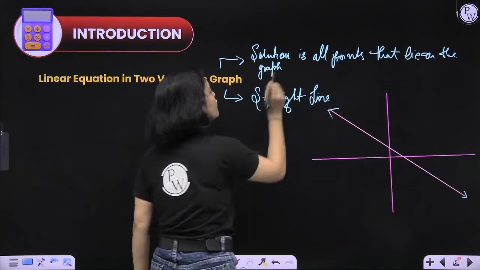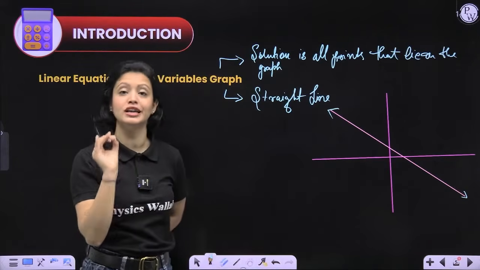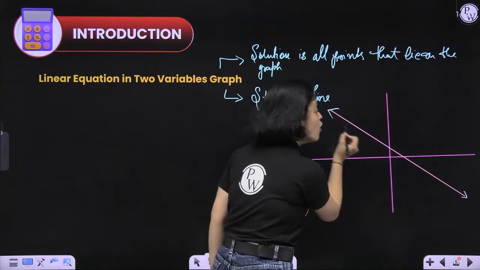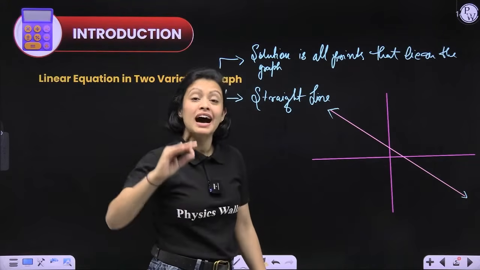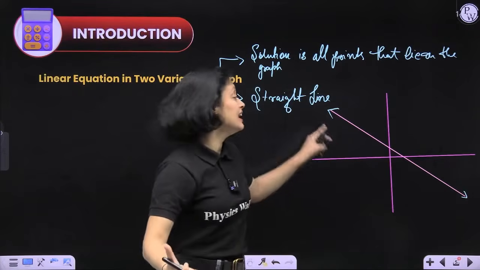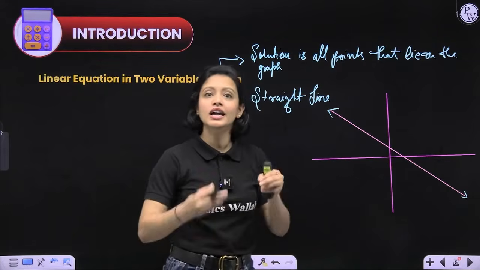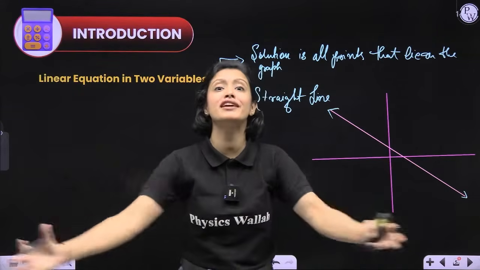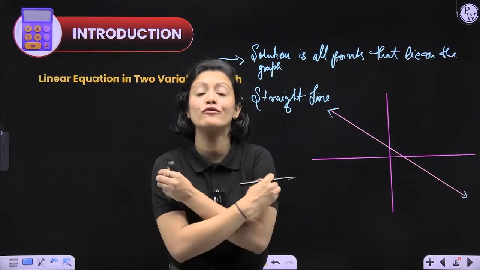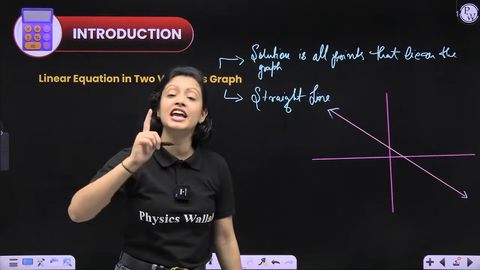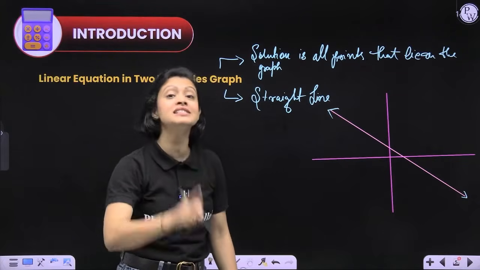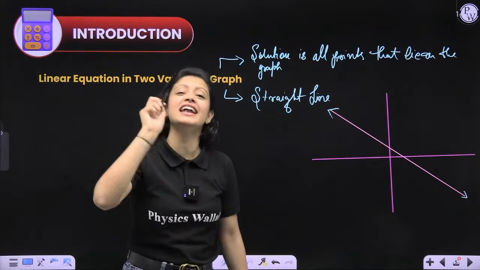So for a linear equation in two variables, how many solutions will be there? Think about how many points are lying on this line. Clearly on a line you have infinite points, because a line goes on forever and ever. So that means for a linear equation in two variables, there will be infinite solutions.